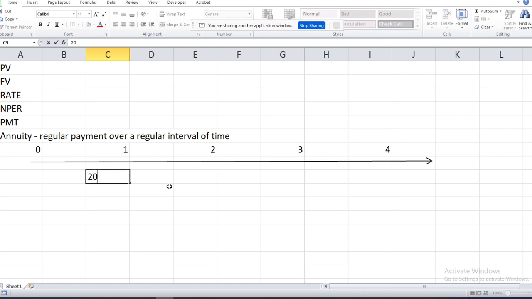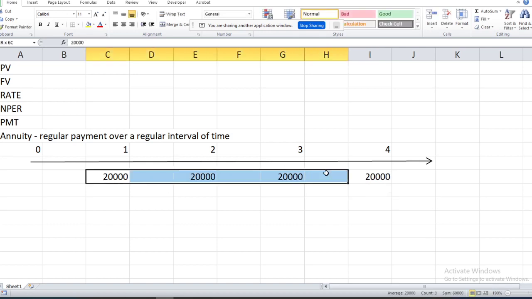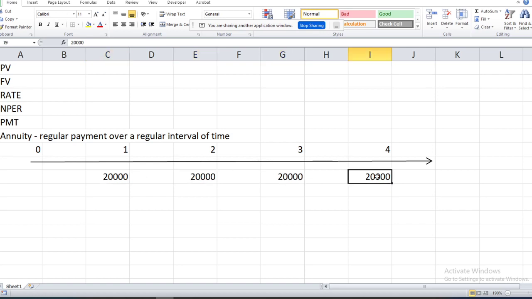Let's say it promises to pay you 20,000 over the next 4 years. If the investment pays you 20,000 over the next 4 years, that would be a positive cash inflow into your pocket. So I have regular payments every year over here of the same amount of 20,000. Here is an example of an annuity.